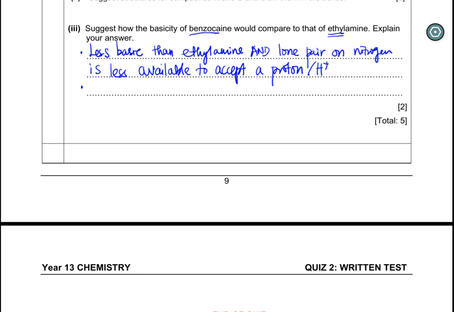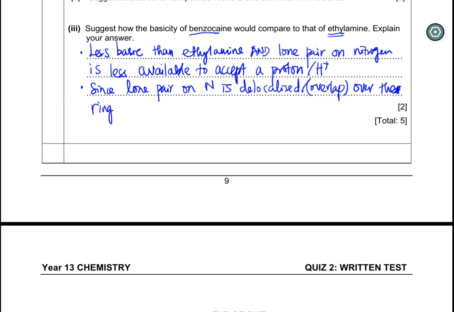If you use the benzene ring, then you should say since the lone pair on N is delocalized, or overlaps, over the ring, therefore making it less available.